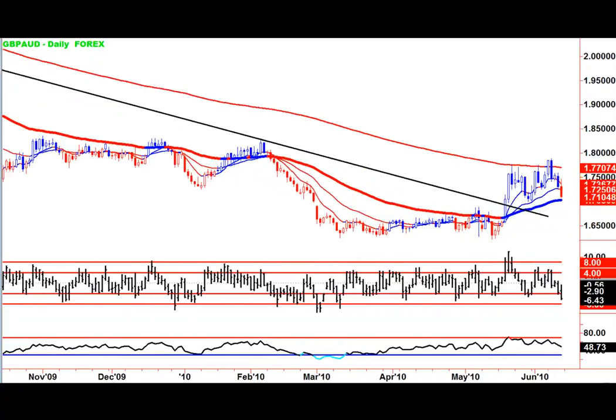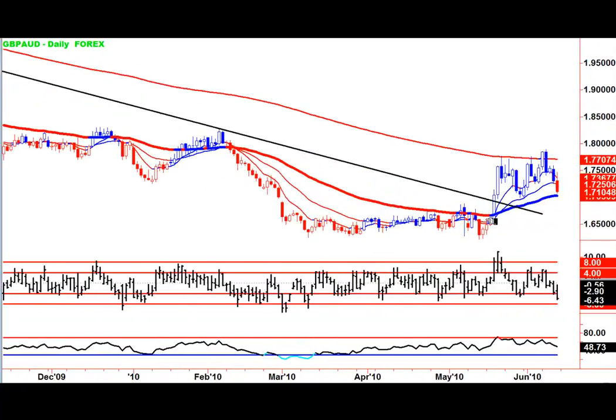So let's go in a little bit more detail on this one. There's major support. On Friday we couldn't get back to this major support, and we're above the 50 EMA with a low value chart reading. So this is another potential candidate for a swing trade.